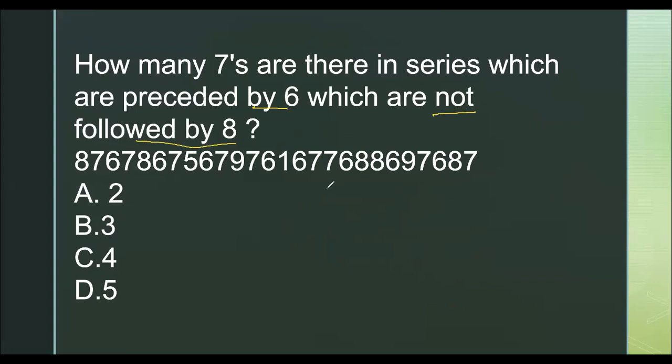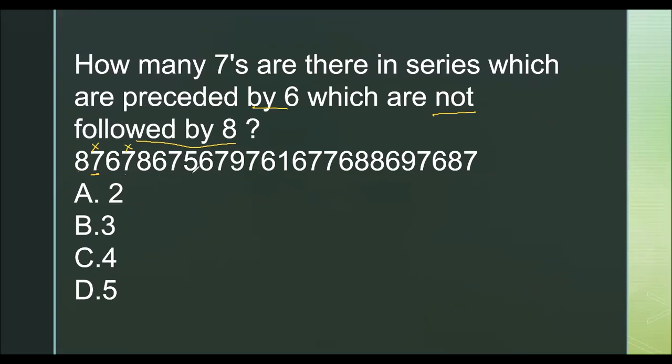We have to find out how many 7s are here. There are many 7s, but we have to find which is preceded, meaning before, by 6 and not followed, meaning next, by 8. Now let's check it. If I check this 7, it is preceded by 8, so no. Now this is preceded by 6, but it is followed by 8, so it will not count.